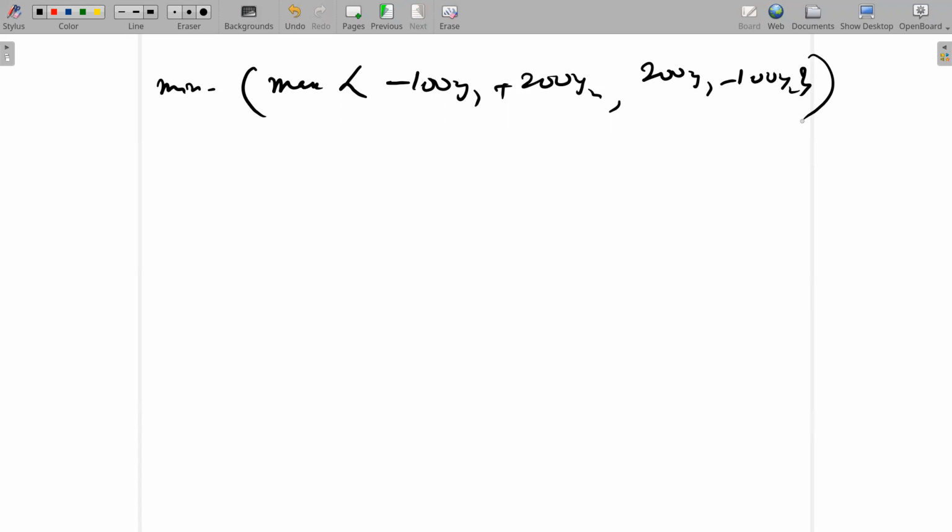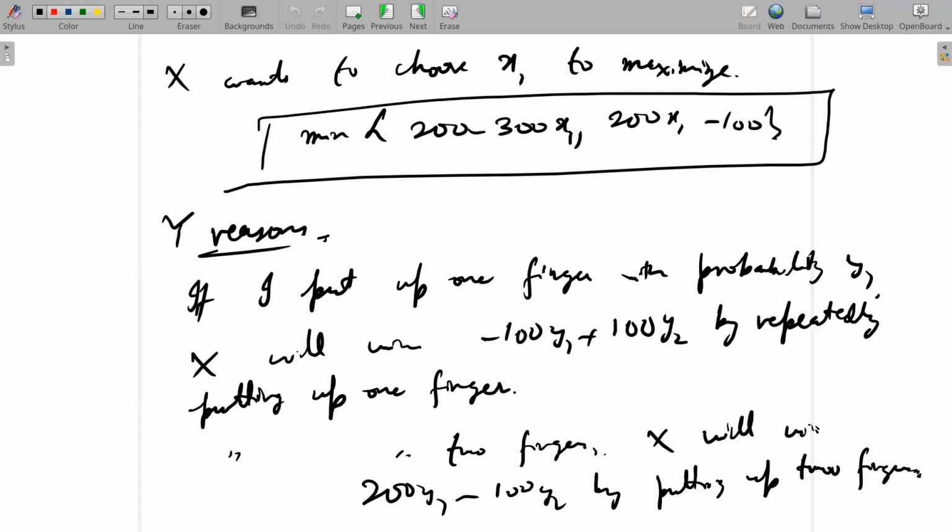So note that these are two different perspectives. This y reasoning, I could have replaced y with x and done the same reasoning, which will be different from what I have written for x reasons, right? The first half is essentially saying that I'm thinking about what y will do and I'm trying to maximize my profit. But the second part is I'm trying to minimize my loss.